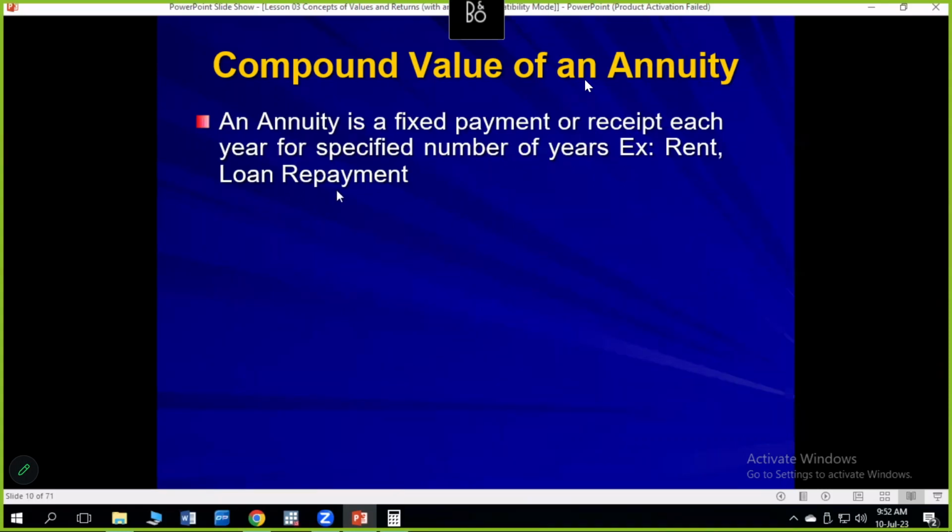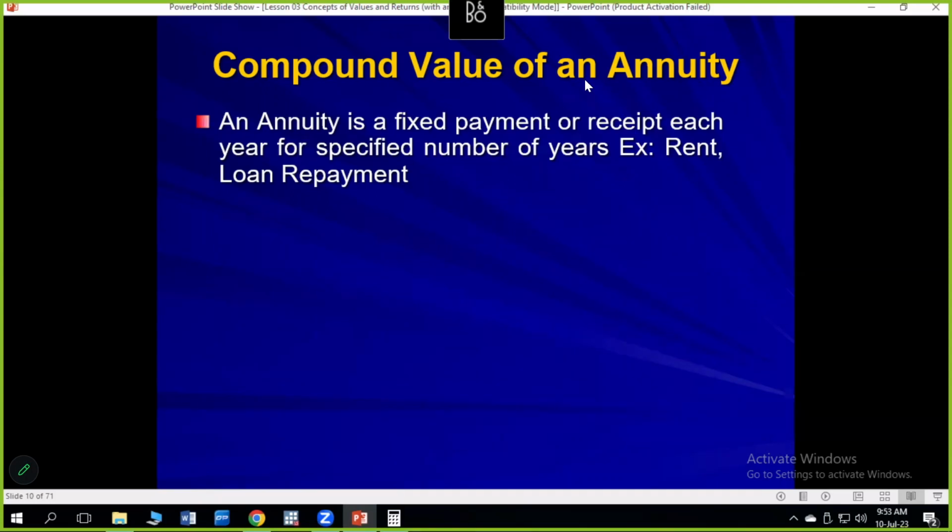Another type is loan payments. If you take a bank loan, say 1 lakh from a bank for 5 years, the bank may require you to pay it back within 5 years along with the interest. They calculate and request you to pay 25,000 each year for 5 years.